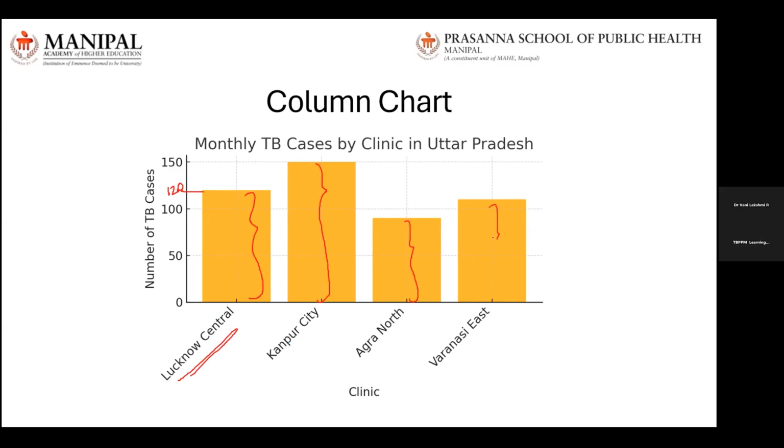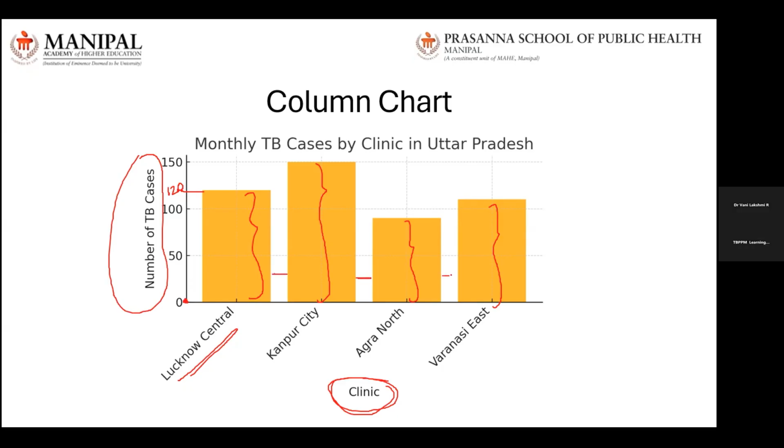Here I have covered clinics in 4 different areas in Uttar Pradesh. In the x-axis, I have the location of the clinics, and in the y-axis, I have the number of TB cases. If you notice, the bar chart always begins from 0, and there is equal space between the bars.